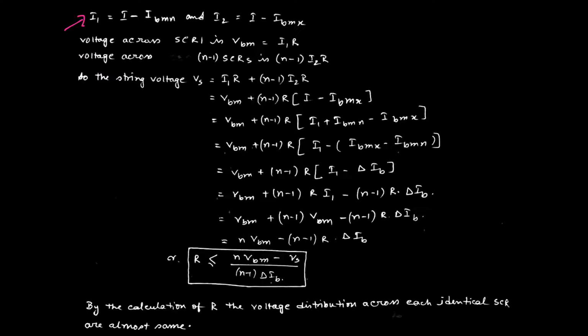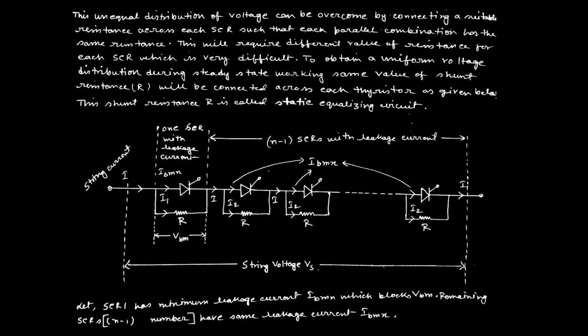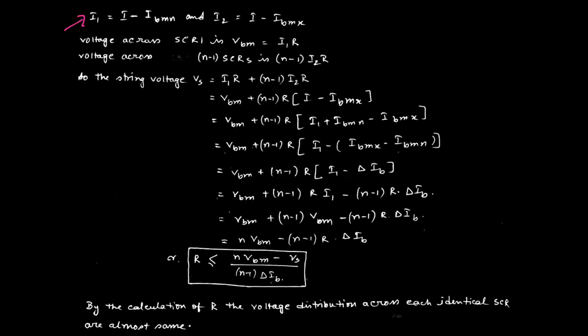So, go to the previous slide. Which one is I1? This is I1. So we can say I1 should be equal to I minus IBMN, whereas I2 should be equal to I minus IBMX. So for n number of SCRs, we can write the equations in this way.